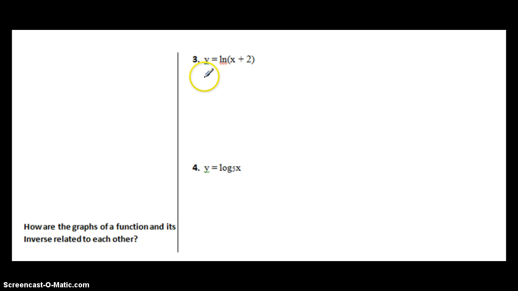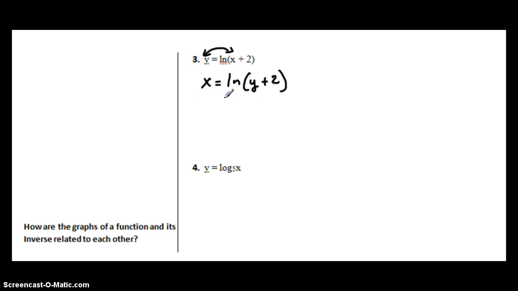First one, we're going to remember when we're finding the inverse, we're going to switch x and y. So we have x equals ln of y plus 2. Now, anytime you have the y inside our of part, we have to convert to exponential to find that y.